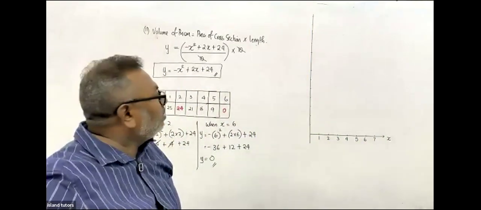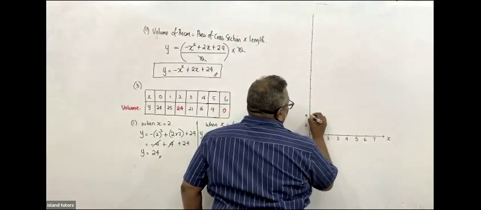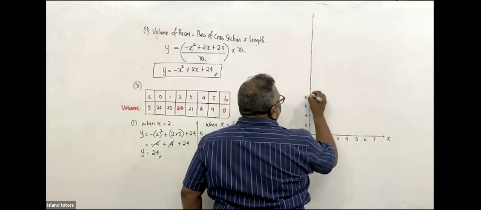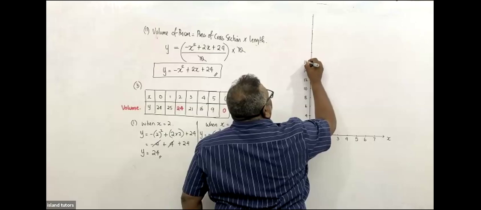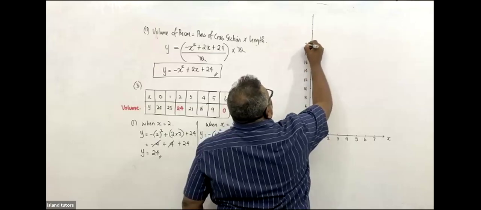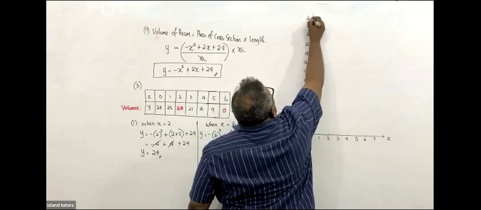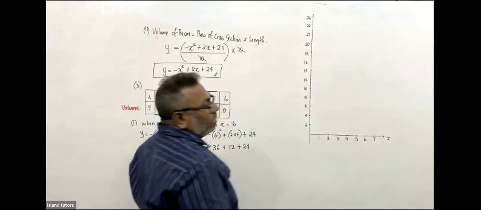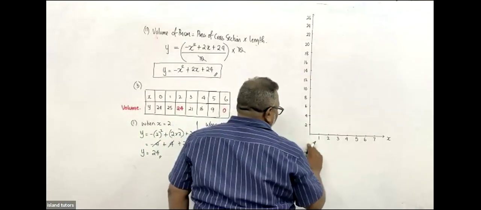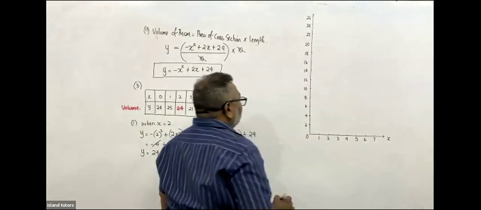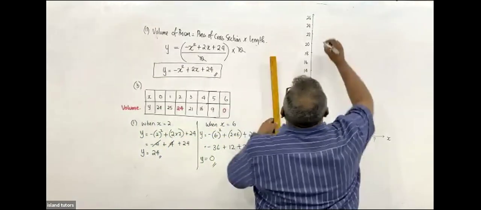Can you see on the screen? Right. So 2, 4, 6, 8, 10, 12, 14, 16, 18, 20, 22, 24, and 26. Okay, I should have taken it down a bit, but it doesn't matter. Fine. So then this is your x and y, and this is 0. Right. So 0, 24 is over here.